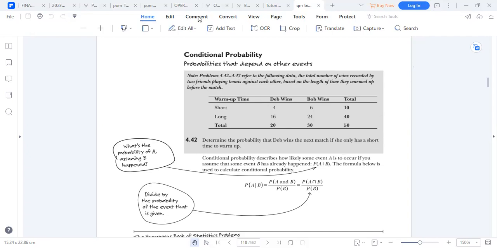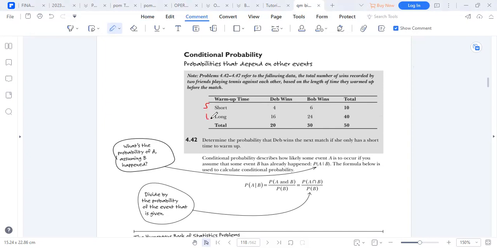But preferably I'd rather use the letters within the table. Short should be S, long should be L, Deborah should be D, and Bob should be B. So here it's asking for the probability that Deborah wins if, and when you get the word if, just know that that is where the condition is. Altogether, if she has a short warm-up.